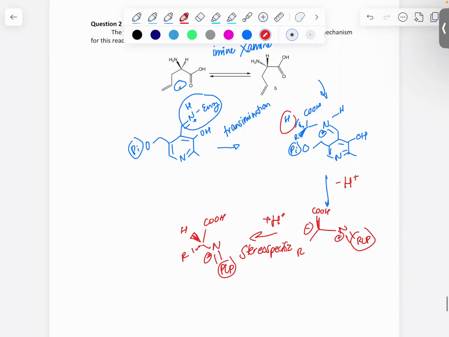And the final step here is just going to be another transamination that puts the PLP back onto the enzyme. So the PLP will look like this again, and our product will be released as the other isomer, or the other enantiomer.